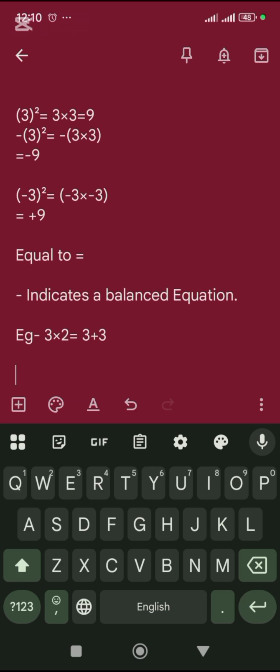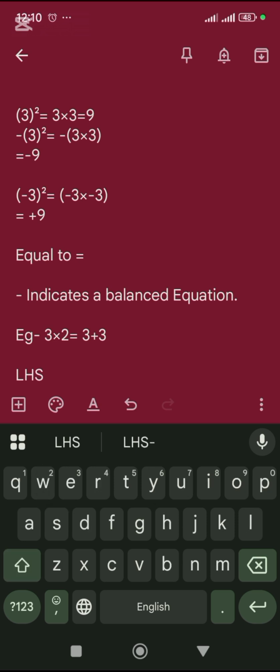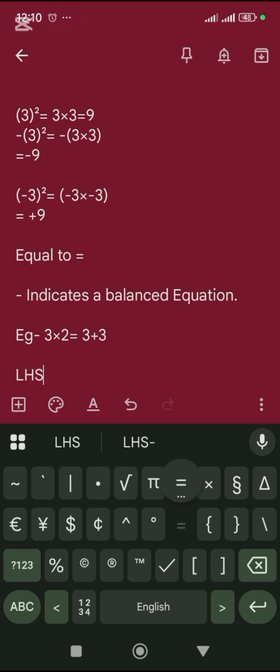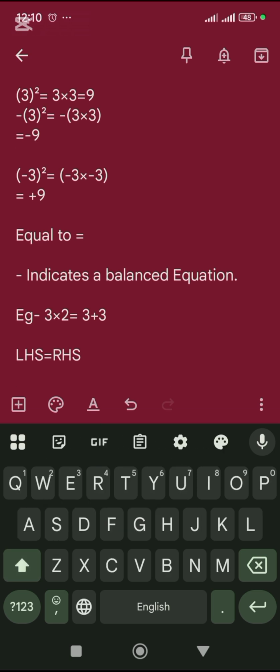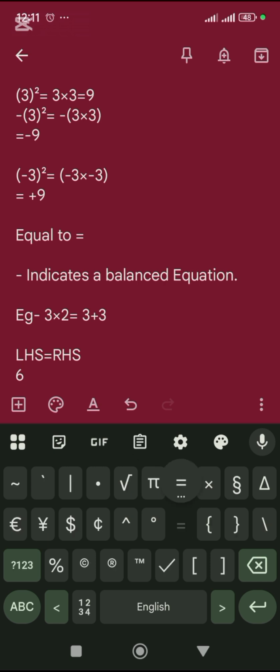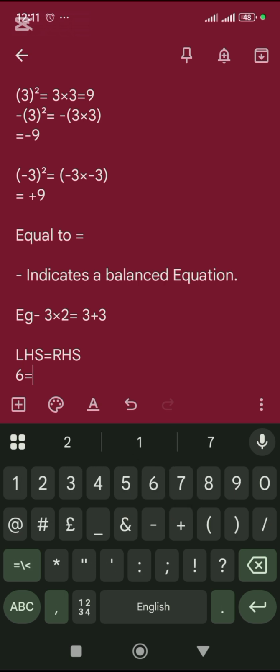You can see that what you have on your left hand side is equal to what you have on your right hand side, because 3 times 2 is 6, and then 3 plus 3 is 6. Okay, so the equal to sign is used to indicate a balanced equation.